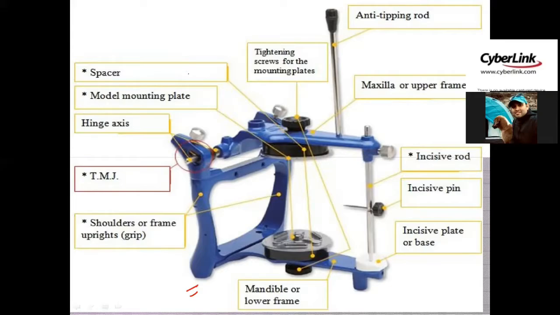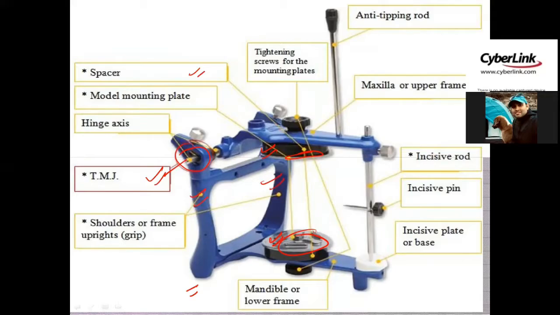This is the design of articulator. It has a spacer, this area, this and this has spacer. Model mounting plate for the upper member, for the lower hinge axis, which represents the TMJ, shoulder or frames.